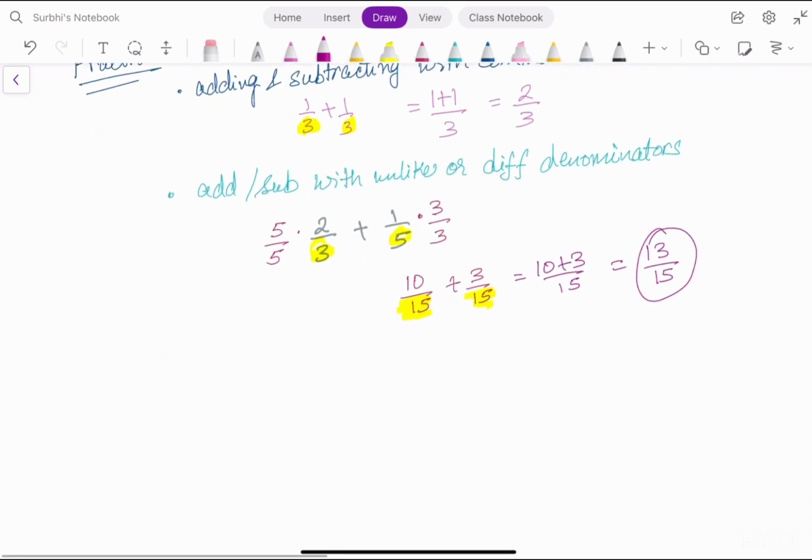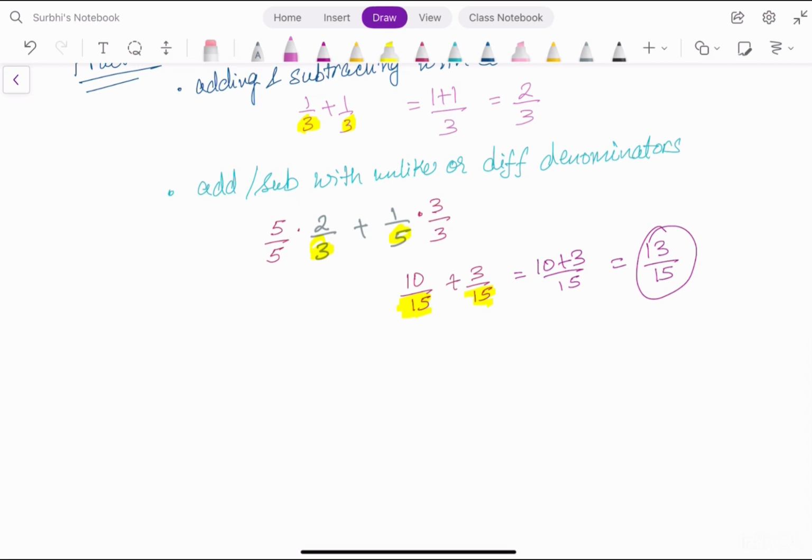Now, let's talk about another operation, which is multiplication. Multiplying two fractions is the easiest thing to do. When we are multiplying fractions, the only thing you need to understand is to multiply the numerators together and multiply the denominators together.